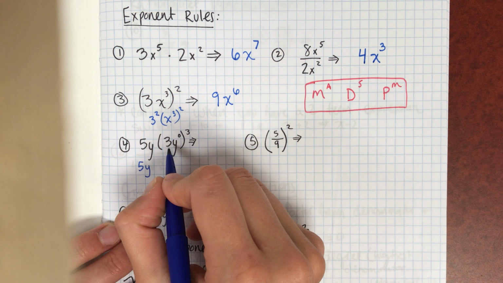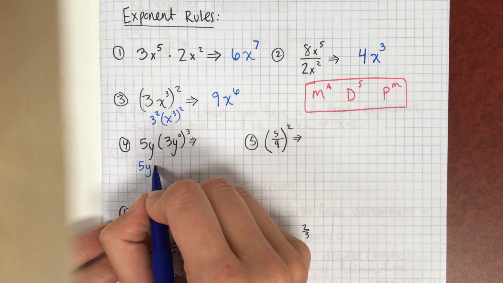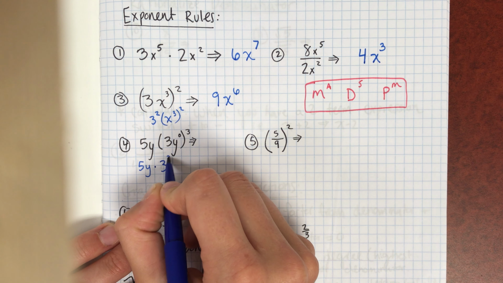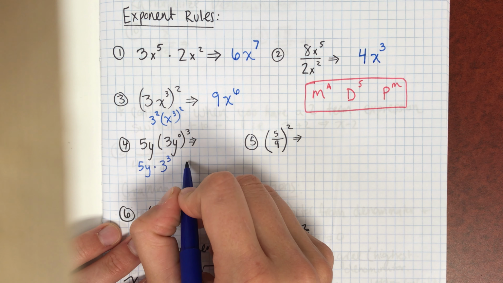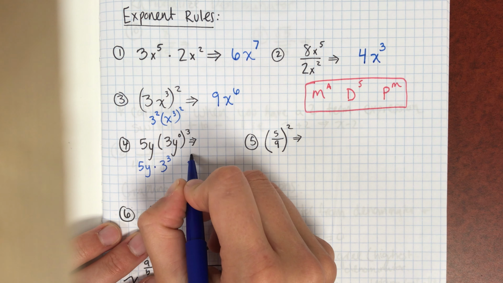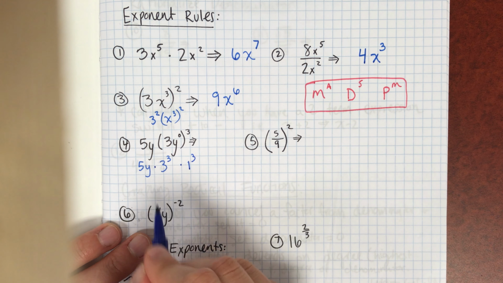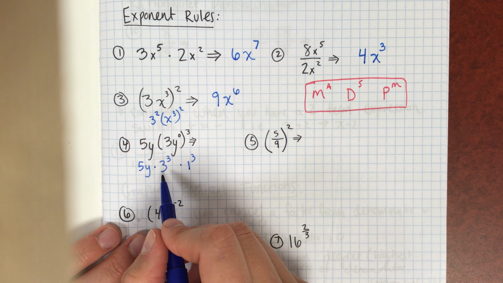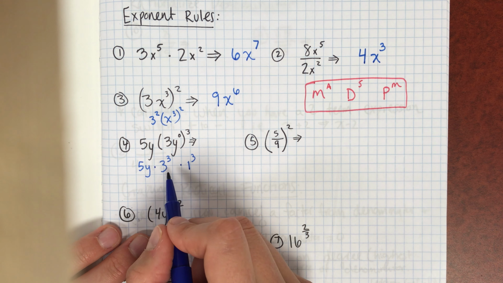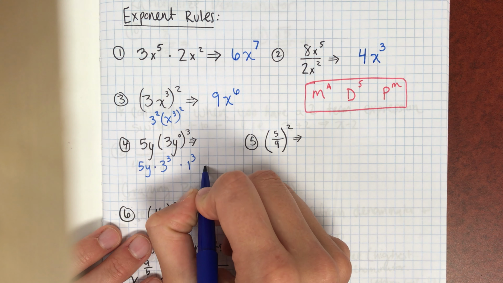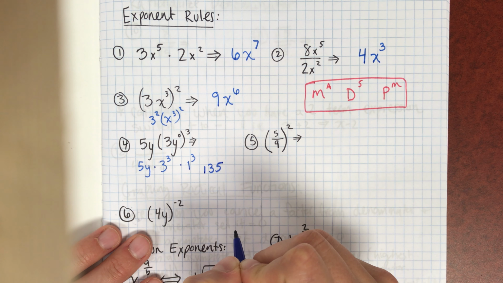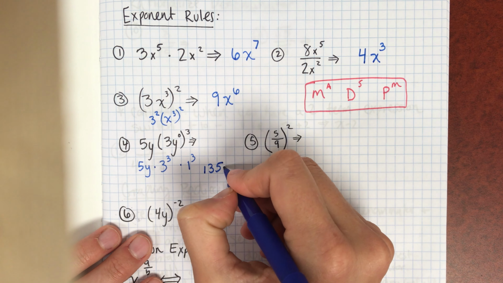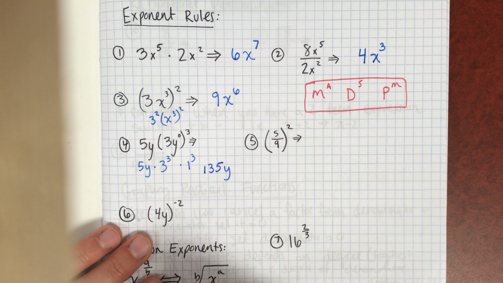We're gonna take our 3 cubed, and y to the 0 is just 1, and so this would be 1 cubed. 3 cubed is 27. 27 times 5 is 135. And we just have 1y.